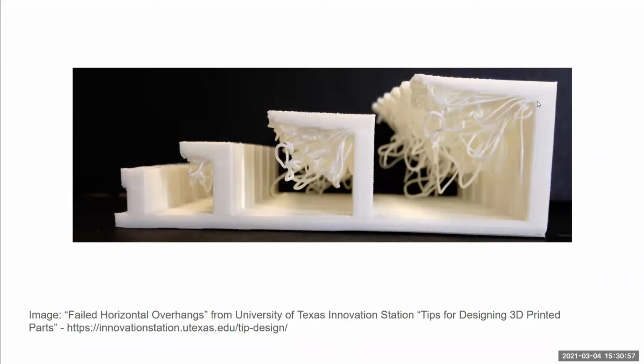But since this is just hot molten plastic, it's just going to droop in thin air until the printer has something to connect it to. That's why you see that it dangles and droops pretty grossly, because there's nothing on the underside for it to connect to. So that's why you want to keep in mind the orientation that you're printing something.